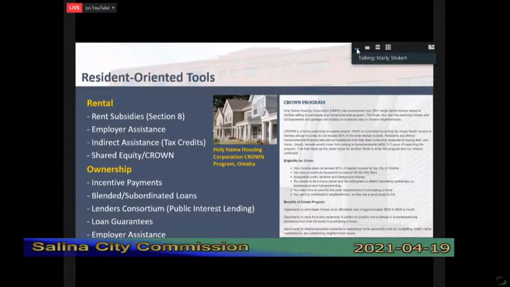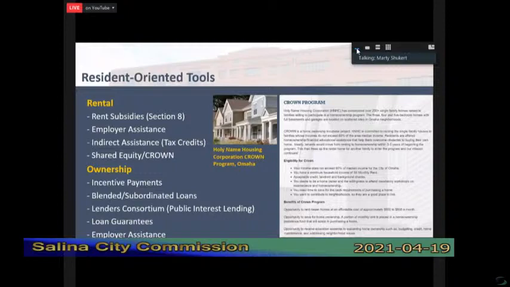Lenders consortiums are interesting bodies, because they can both provide construction financing and can provide loans on a public interest basis to people who are not quite bankable, who are potentially creditworthy but have something in their past that makes them look like bad risks on paper.